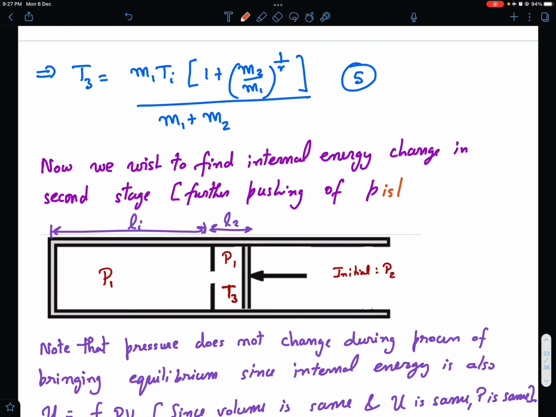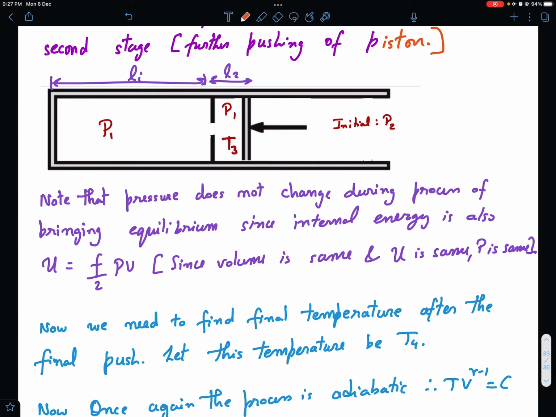Upon further pushing of the piston. Now, once the valve has opened, some students may have a doubt: will the pressure change, and can the valve close again if the pressure changes? You can easily see that after the valve opens, it is not going to close again. Why? Because even after mixing, the pressure has to be the same.